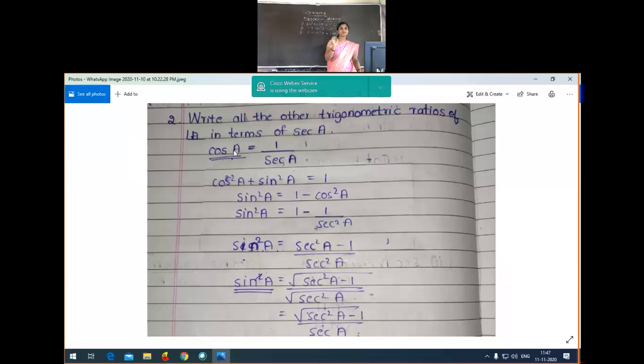With the help of this one, we can move further with the different ratios. Cos A is 1 by secant A and we know one identity that cos square A plus sin square A is equal to 1.